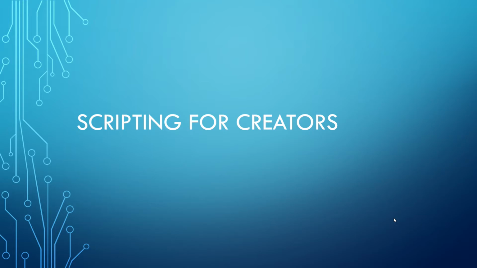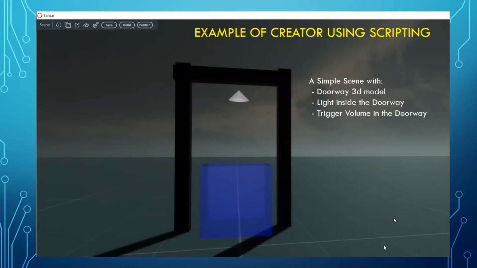The thing I'd like to do with this is basically have you get a little bit of an understanding, not too deep, of what's going on when you're writing a script or when you're using a script, so you can get a better feel for when you're configuring them, when they don't seem to work, why they may not be. Again, I'm trying to take away some of the mystery of what's going on behind the scenes. So you'll see a little behind the scenes of what's going on inside of Sansar when you're using a person's scripts.